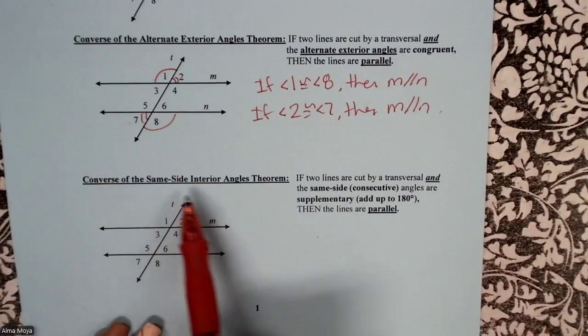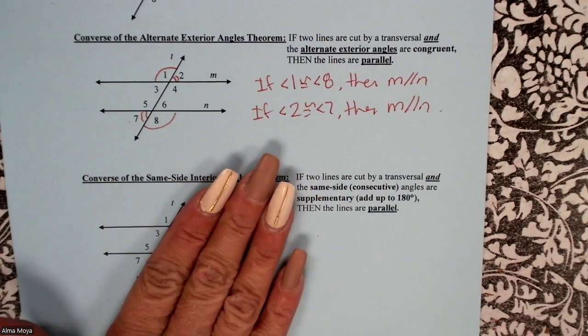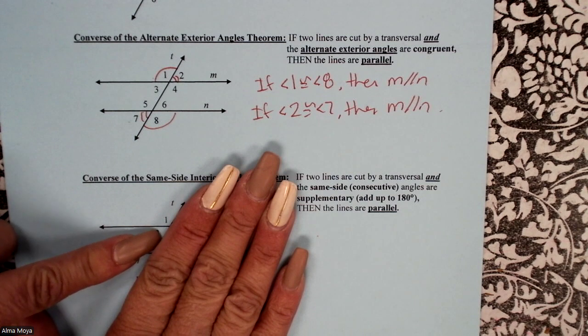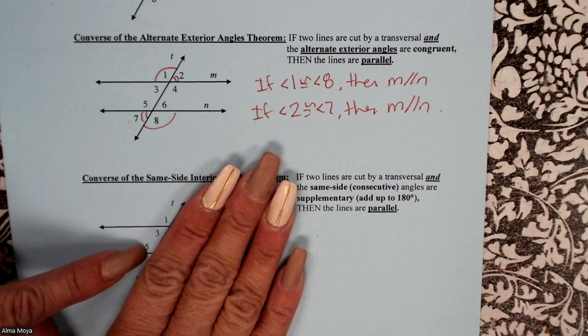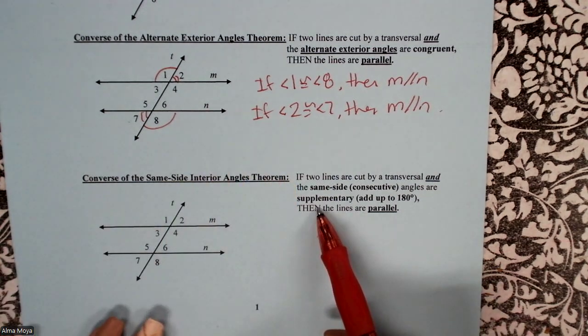Converse of the same side interior. Okay, so same side means they have to be on the same side of the transversal. Interior, so like right here, 3 and 5. If you look at 3, that's actually a small, and 5 is a big. Now recall, if you have a small and a big, they add up to give you 180. Those are called supplementary.